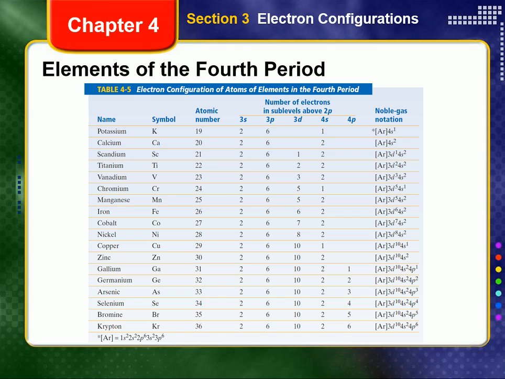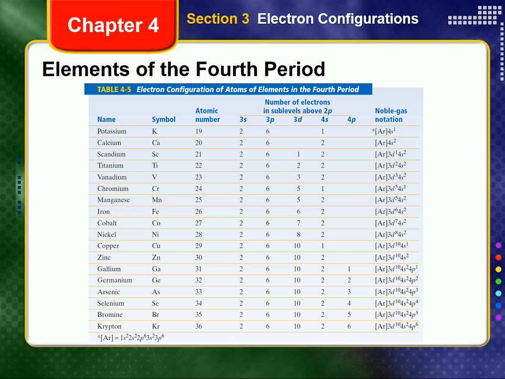Next is copper, Cu, in which the electron moves from the 4s orbital to pair with the electron in the 5th 3d orbital. The result is an electron configuration of argon 3d10 4s1, which is the lowest energy configuration for copper. In atoms of zinc, Zn, the 4s sublevel is filled to give the electron configuration argon 3d10 4s2.